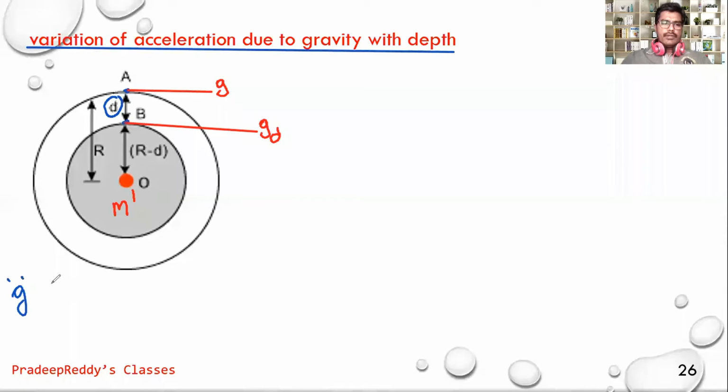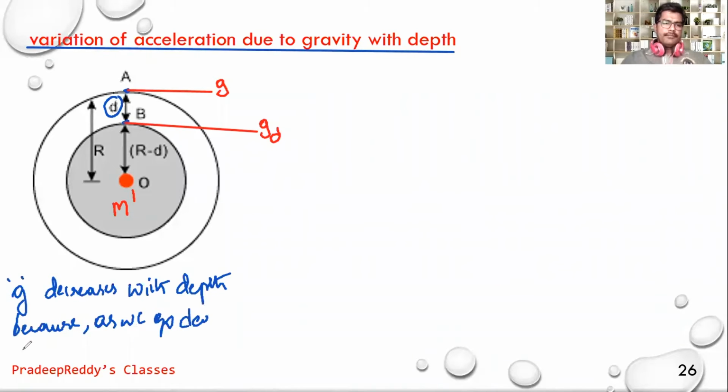Acceleration due to gravity decreases with depth because as we go deep into earth, its effective mass decreases.